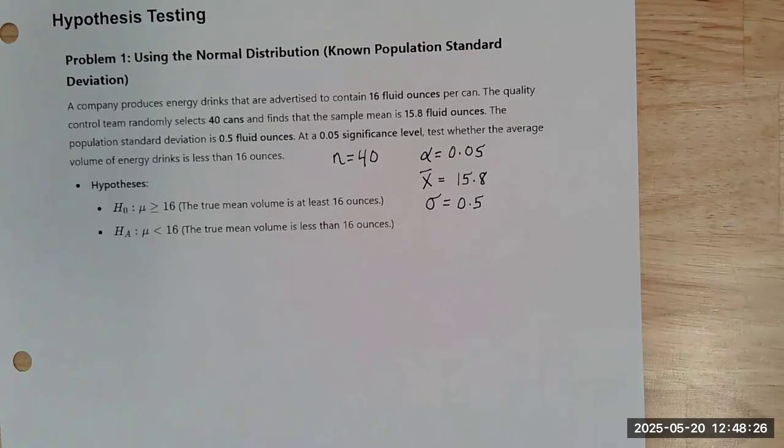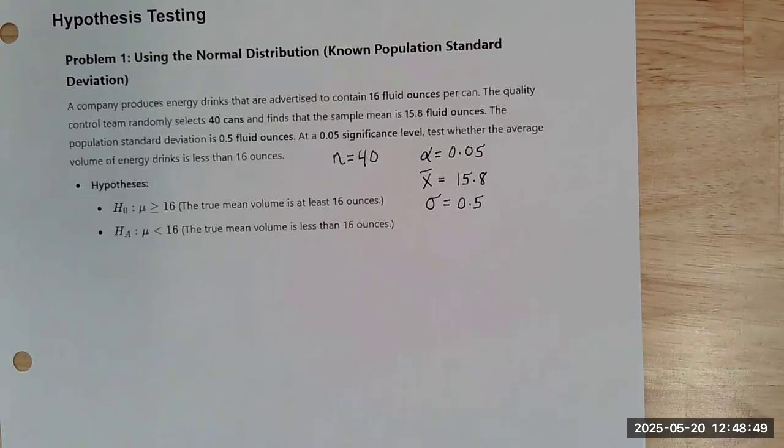There's 16 ounces per can, and there's really not. Right? And we could do tests in different directions. We could do tests to say, is it just not 16 ounces per can, but it could be higher. Maybe they're actually being nice and giving you 17 ounces and only charging you for 16 ounces. Or maybe they're being mean and giving you less than 16 ounces, but charging you for 16 ounces. That would be a two-tail test. If you don't care which direction, that's two-tail.